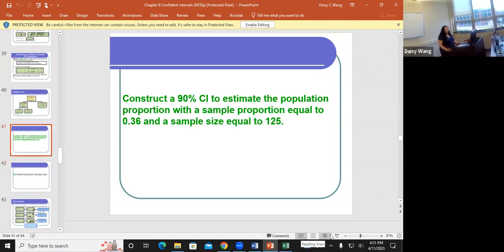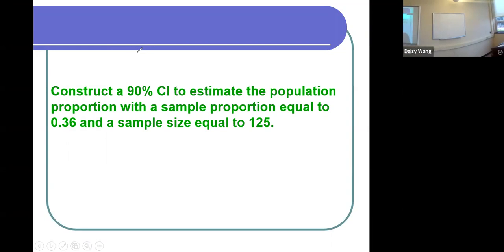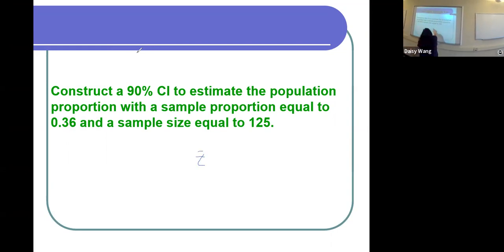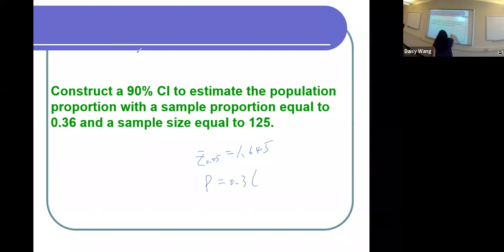Here, 1.645. Okay, so let's do it. So the Z of 0.05, because we have to divide it by 2, it's 1.645, right? P is equal to 0.36.